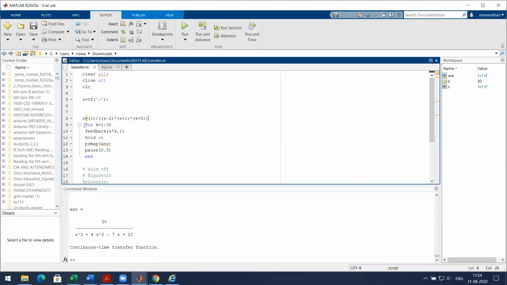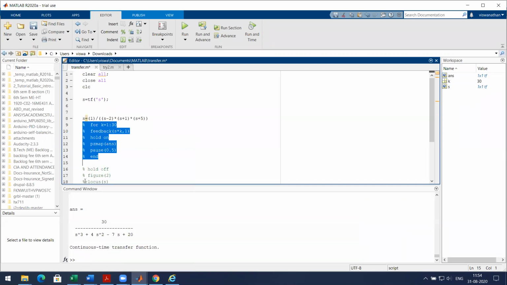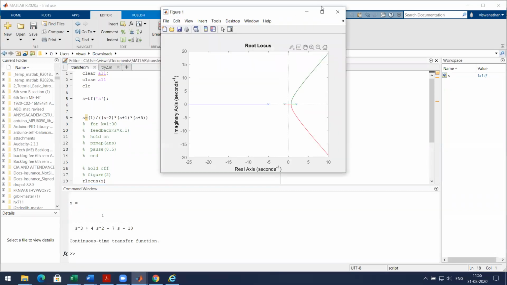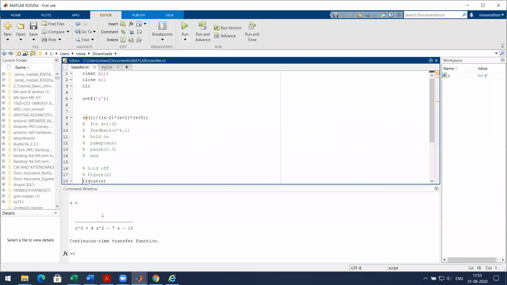So if you see the same thing as a root locus plot, this is what you saw there. For varying value of k, how does this move? This is what you saw in the previous run.